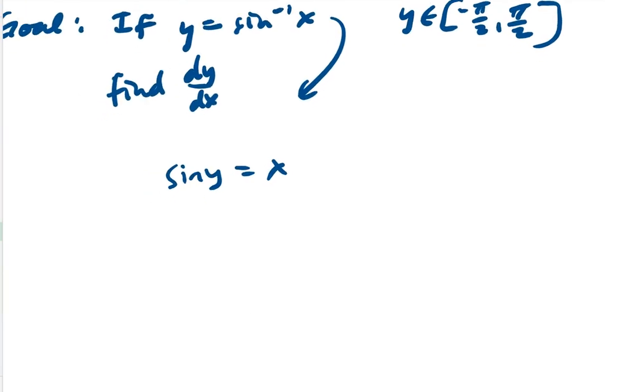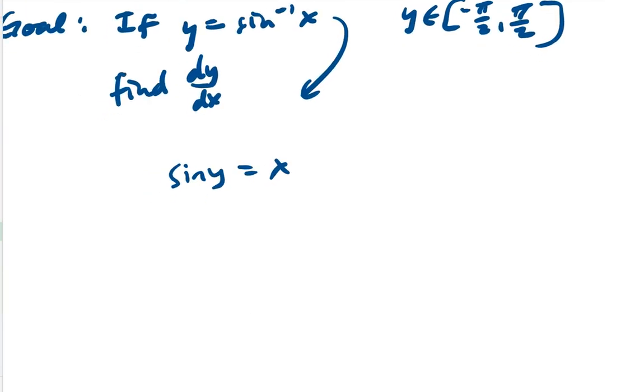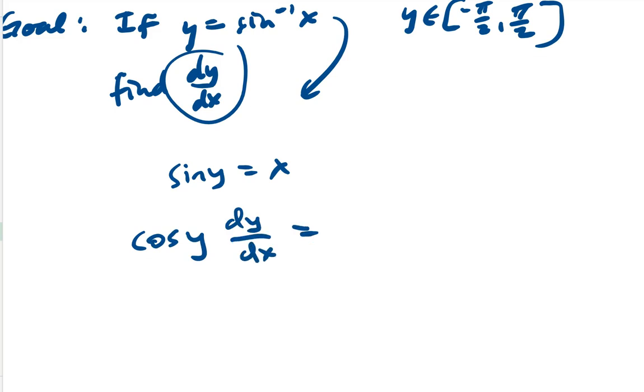All right. So with that said, I want to find the derivative of y with respect to x. To do that, I use the chain rule. So cosine of y times dy/dx is equal to the derivative of x with respect to x, which is 1. So now dy/dx is 1 over cosine y, which is, let's just leave it like that.